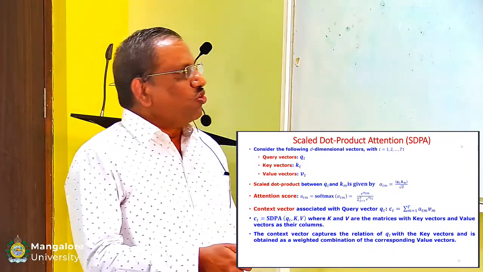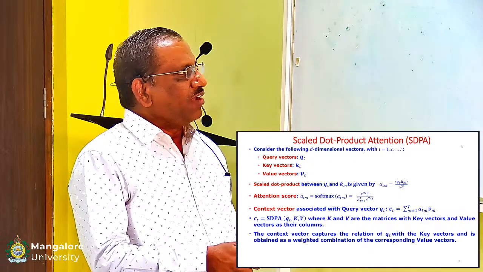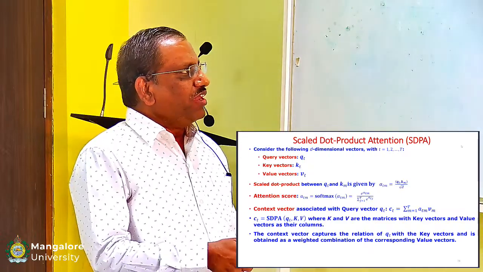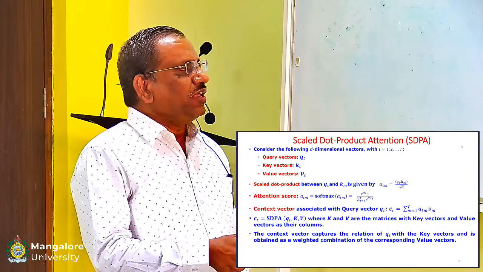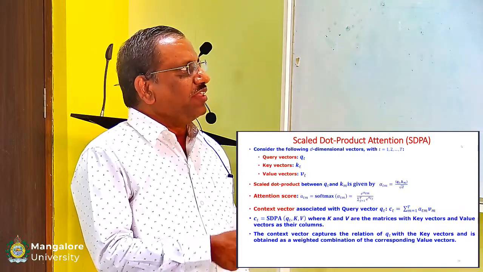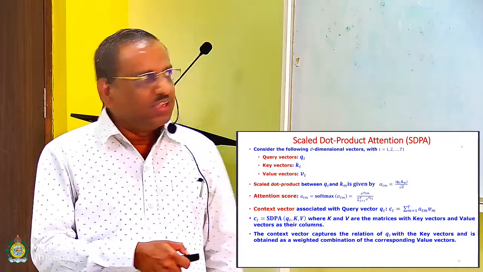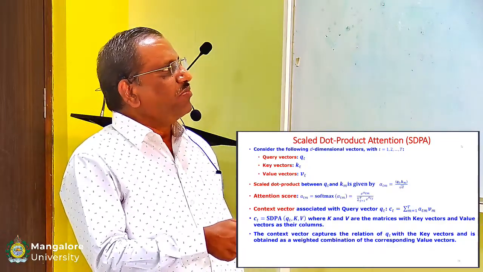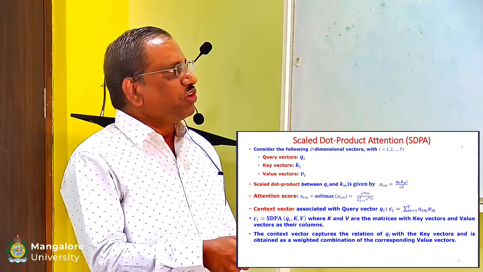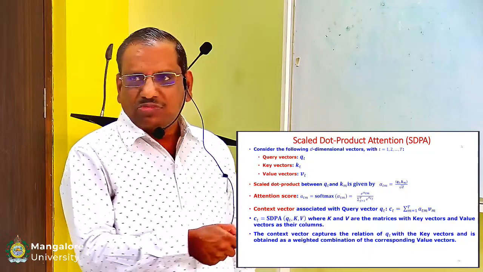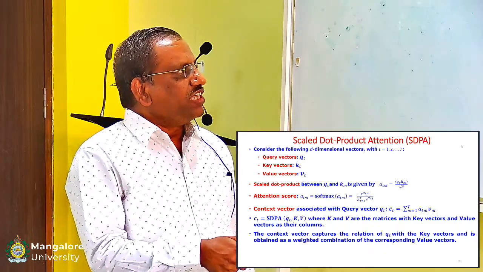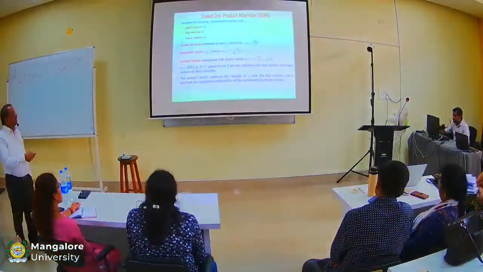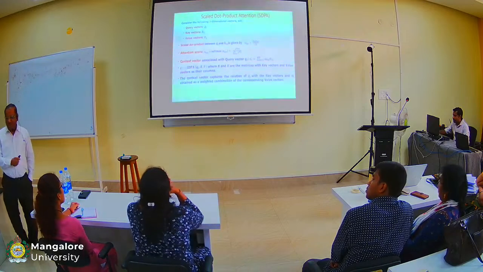This symbol here, angular brackets between two vectors, is the measure of similarity indicated by the dot product. So I compare the dot product between one query vector, that's qt, and one key vector, that is km. The result of this dot product is what I refer to as alpha tm.